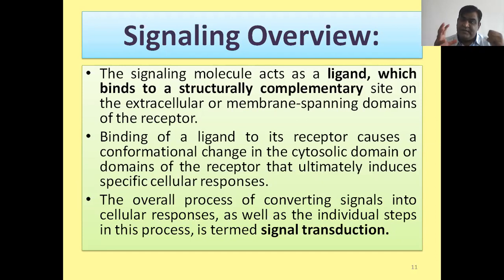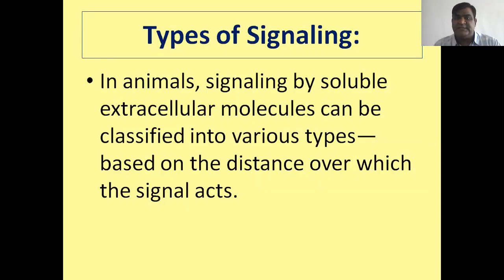Whenever a ligand binds to a particular receptor, only then will the desired effect be brought about. For example, it might be a conformational change. Because of that, it may become accessible to some other signal transducing molecule, or it may become amenable to phosphorylation by some other unit or signaling molecule. We will see later on.